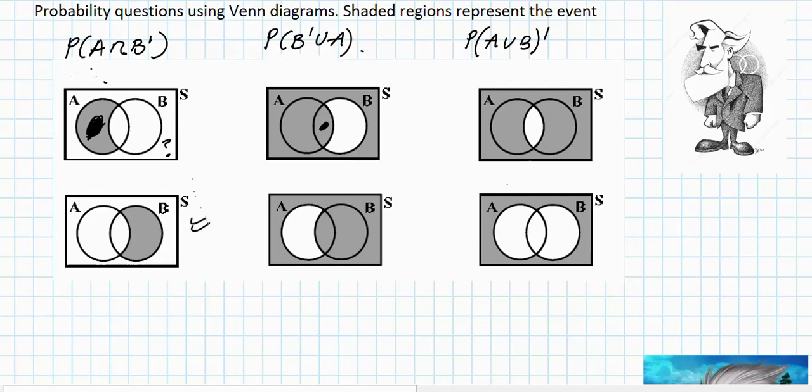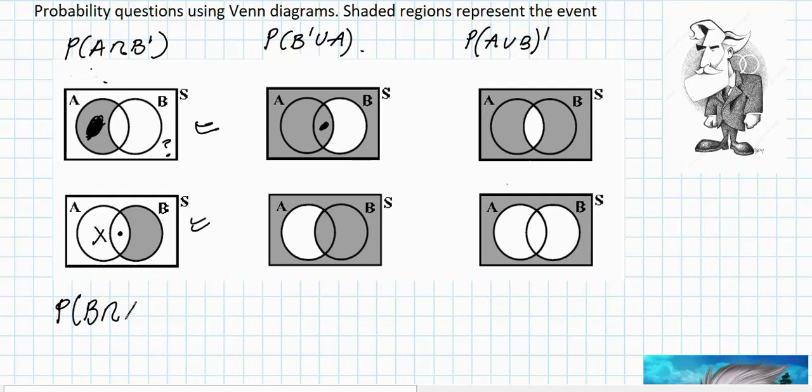Moving on, here I have this one here. This actually is like this one right here, just events being switched around. So which means now the probability that I have here, already I can see that B was shaded, and I can see that the intersection right there was not shaded, which means is my symbol a union or an intersection? It's obviously an intersection. And then was A shaded? No, A was not shaded.